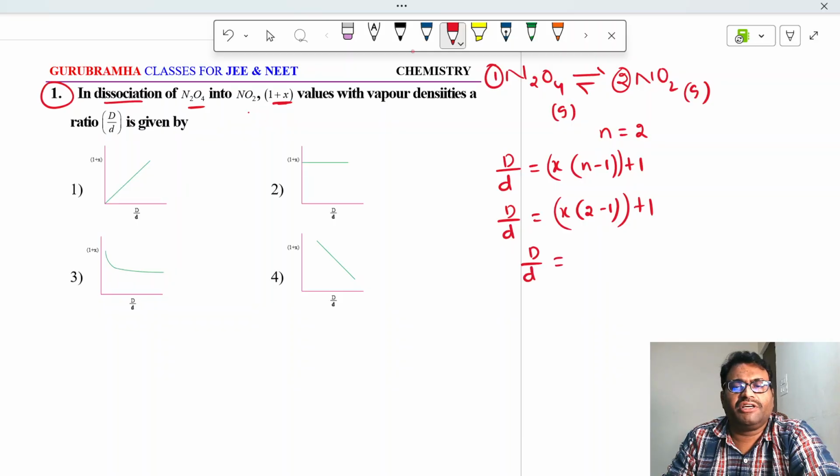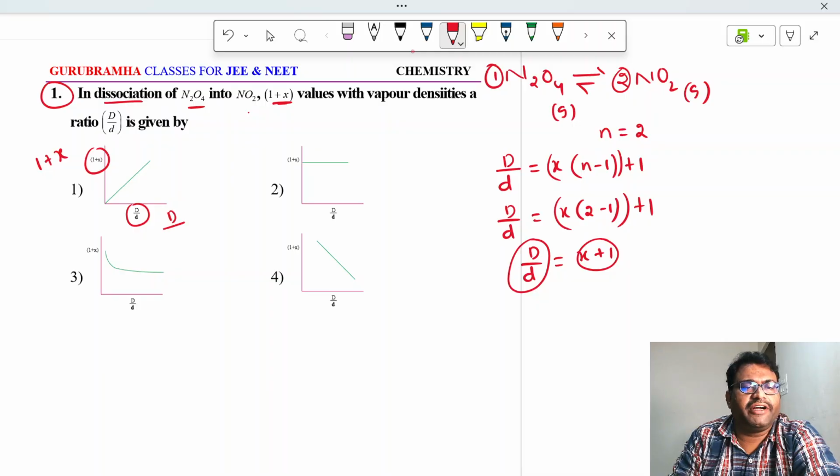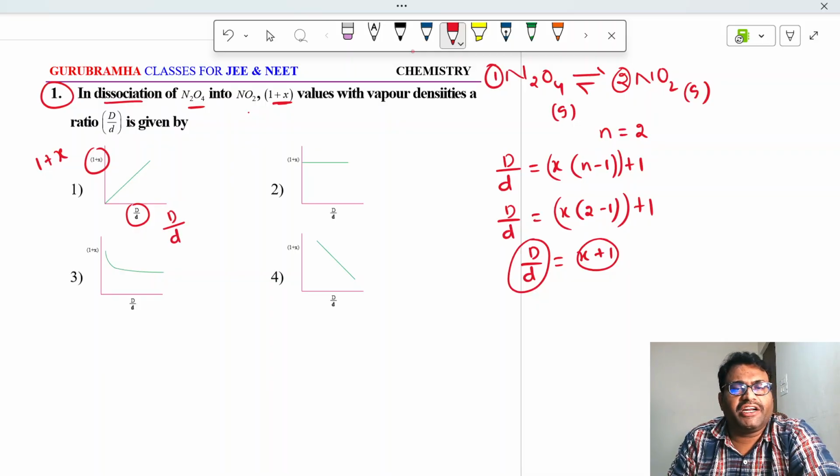So D/d is equal to x plus 1. So both are directly proportional to each other. When both are directly proportional, what graph do we get? 1 plus x against D/d. If both are directly proportional, we get a straight line passing through the origin. Are you getting this? So that is the answer.